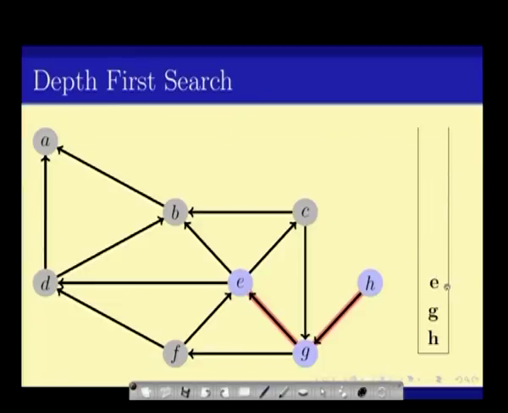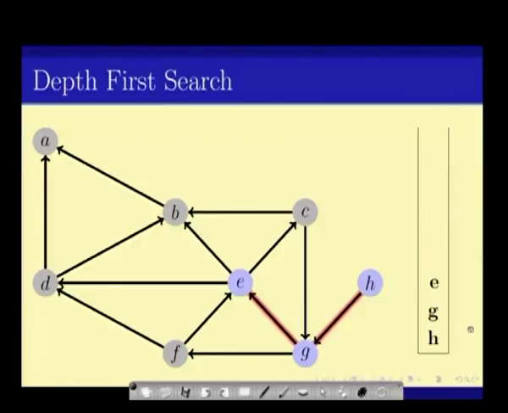Now, we look at the top element in this stack, which is e, and we look at one of the neighbors of e. What are the neighbors of e? Note that f is not a neighbor of e, because there is an edge from f to e, but there is no edge from e to f. So, neighbors of e are c, b and d.